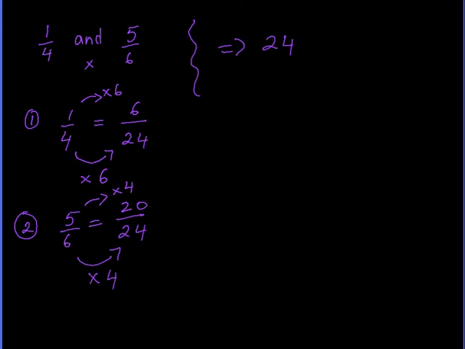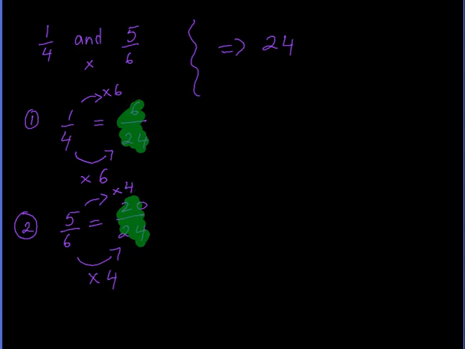So now we're in a situation where we have our two fractions with the same denominator. So I have 6 over 24 and 20 over 24, and we can easily check that 20 over 24 is larger than 6 over 24 because the top number is bigger than that one there.